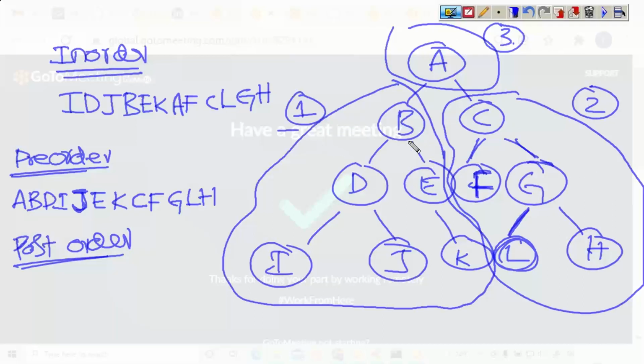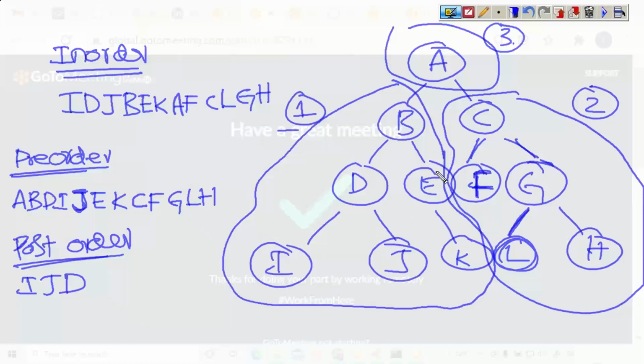So B, but B will not be first. Why? Because it should be the last. D, even D also should not be first. Why? Because it should be the last. So first one is I. Then J. Then D. Yes or no?